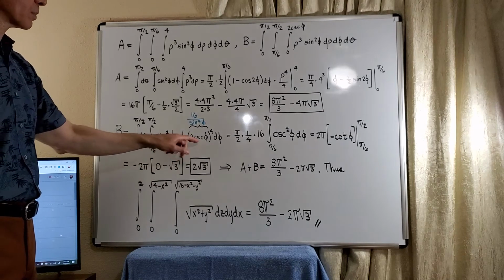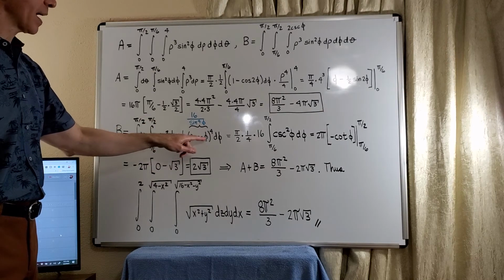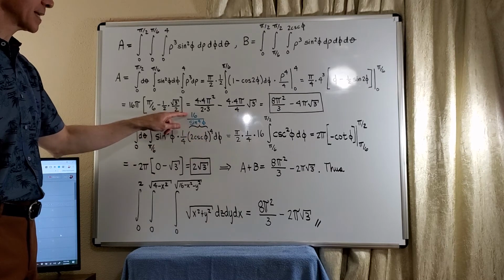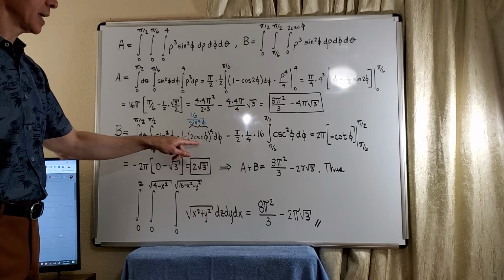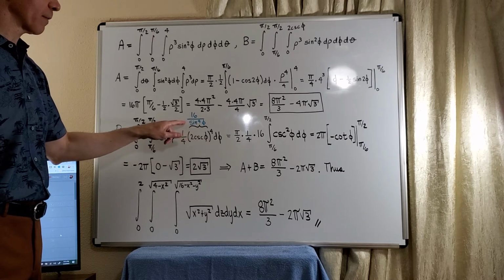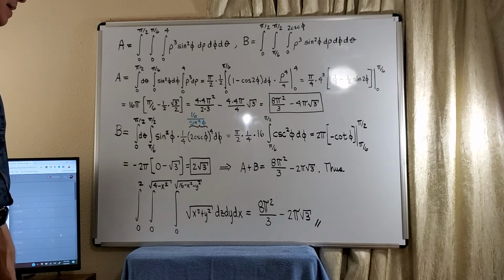Now, just for observation here, 2 cosine phi raised to the 4th power will just be 16 over sine to the 4th, because cosecant is just 1 over sine, so that reduces to what I've written here. We'll use that in the next step.